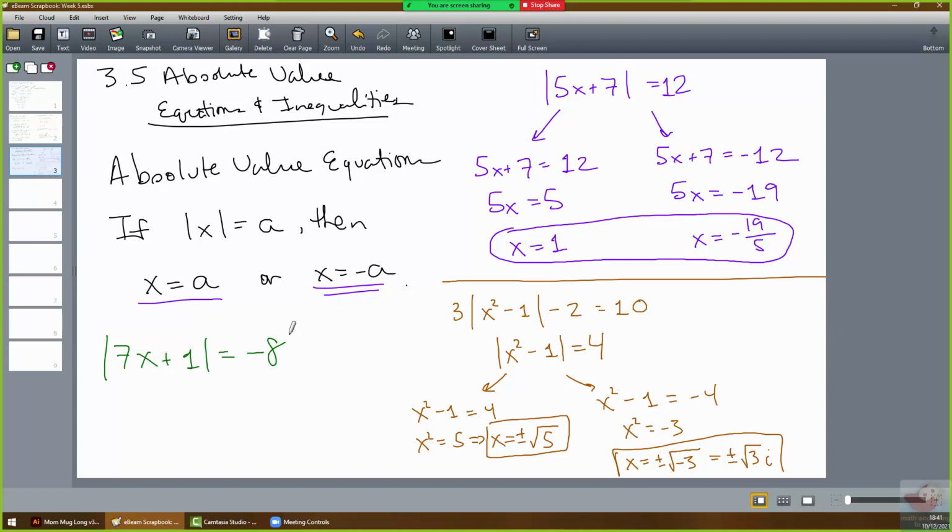And what's your gut instinct here? x equals 0.